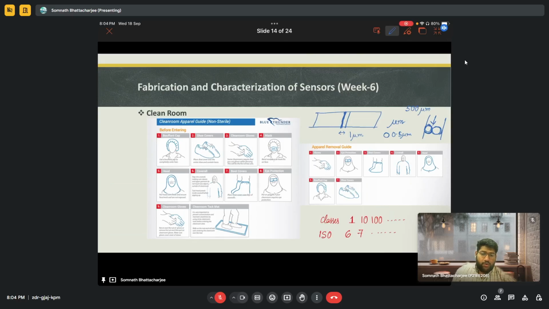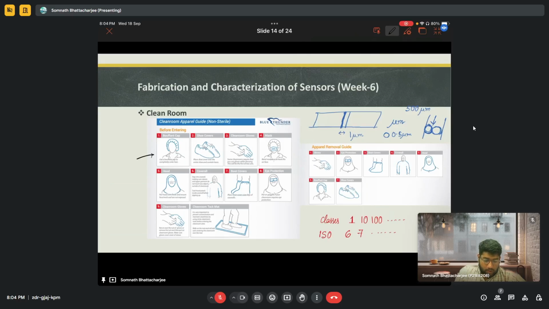So you need a clean room where you are free of contaminants, and the first point we need to know is that the biggest source of contaminant is our body itself. So we have to remove all the contaminants from our body. Before entering a clean room, there's always a room used to enter inside a clean room, and we have to wear caps to remove the contaminants from our hair.